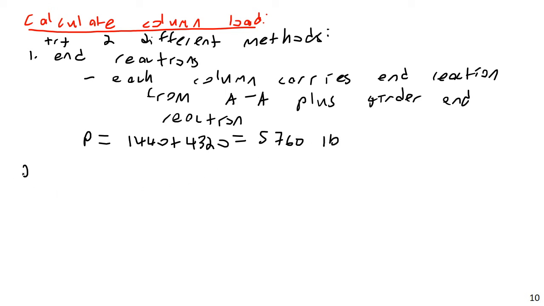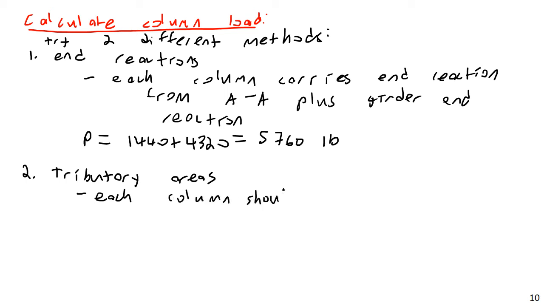So two, tributary areas. In this particular problem, each column should carry 1/4 of the total area load. Let's see if we did the math right, which is not always guaranteed.